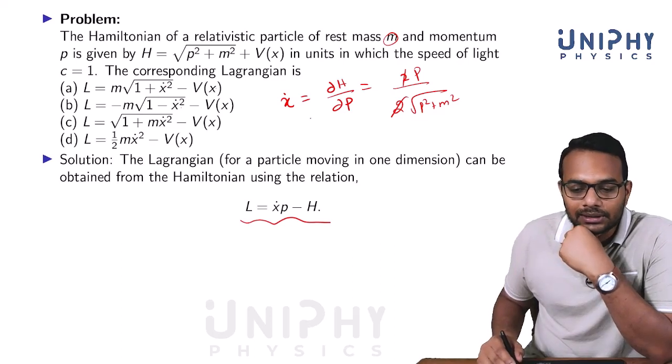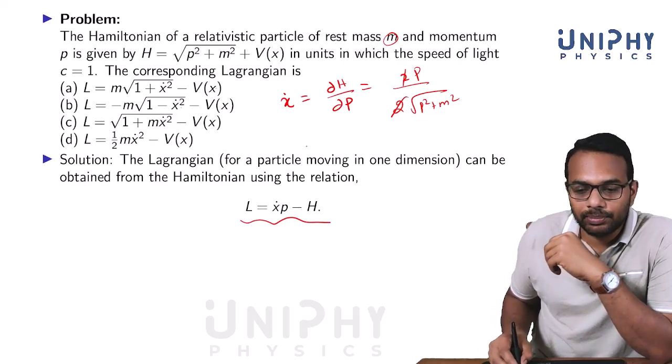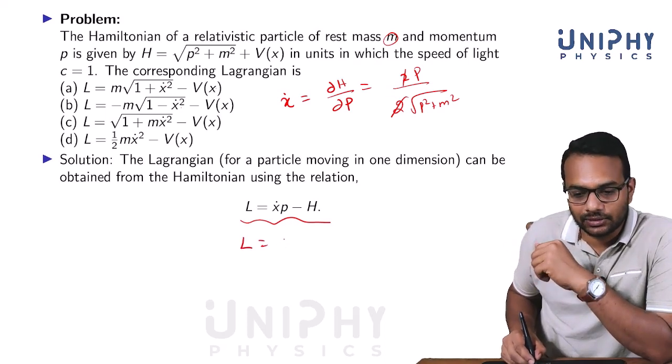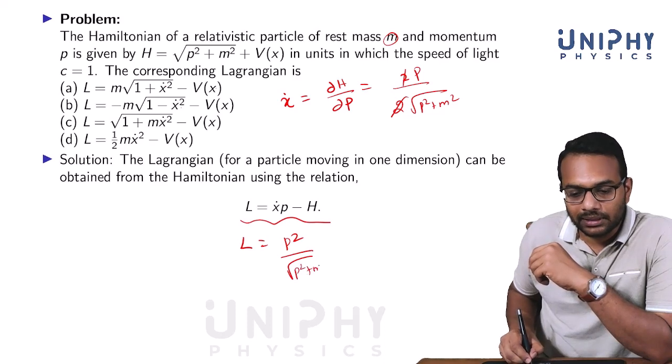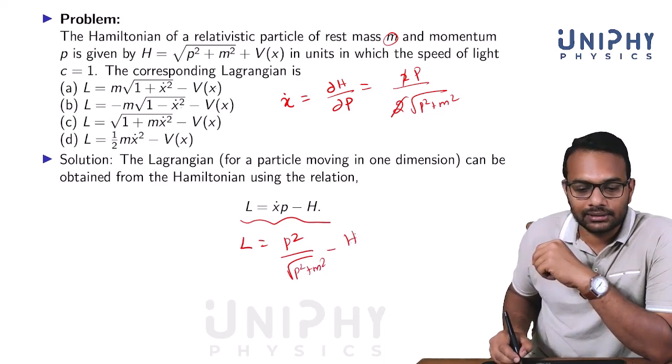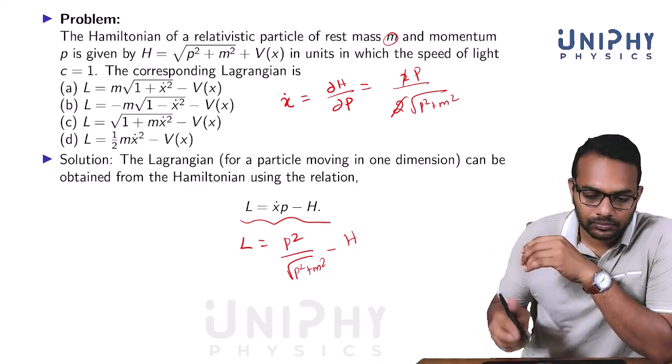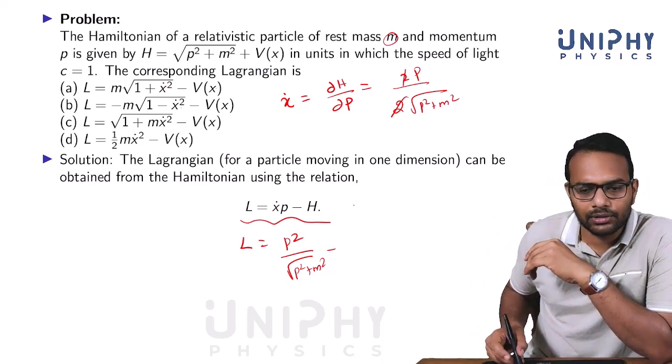What's x dot p here? The Lagrangian is x dot p minus H, so that's equal to p square divided by square root of p square plus m square, minus H. This is the Lagrangian. But now, let's write the Hamiltonian here.